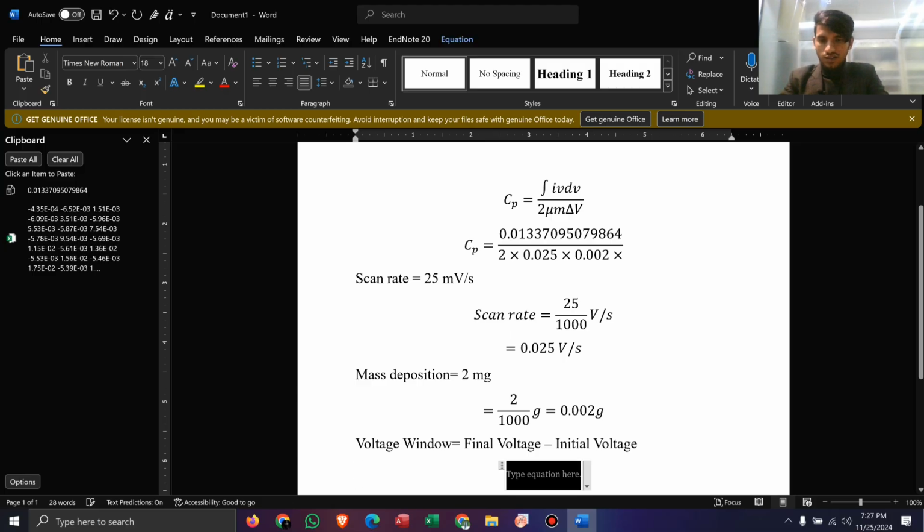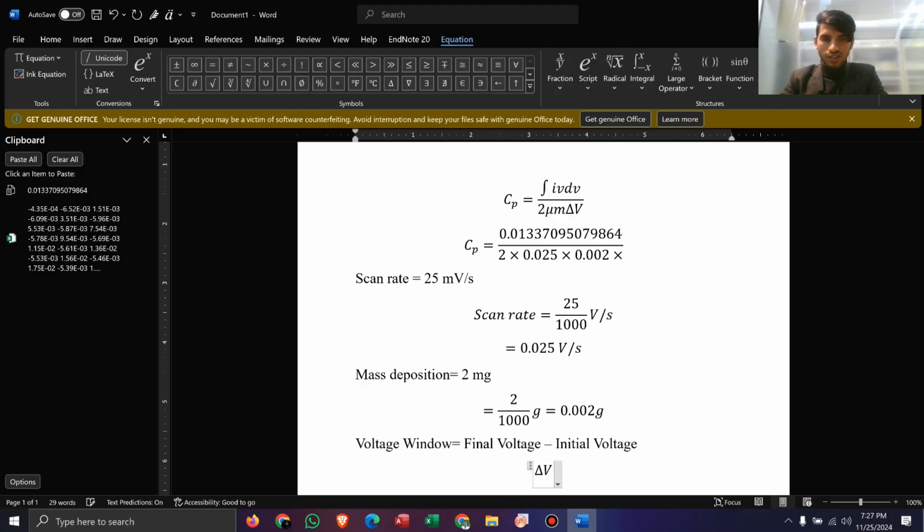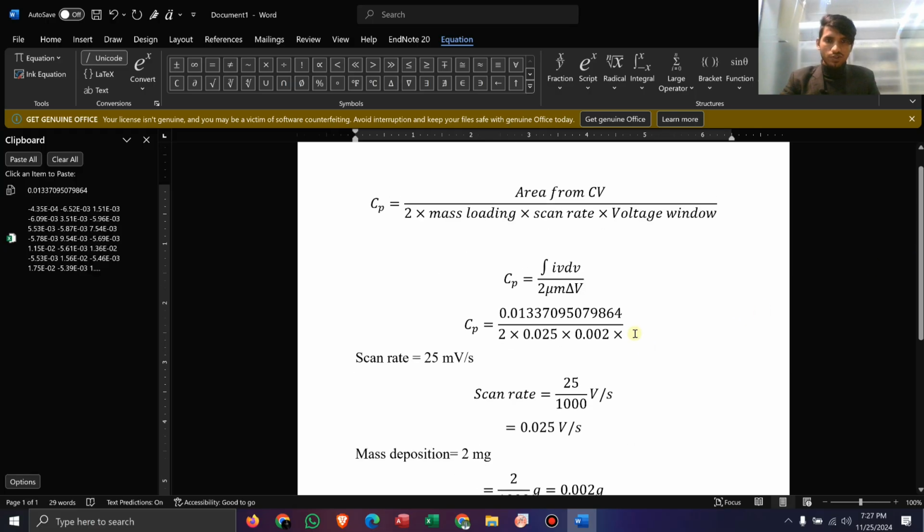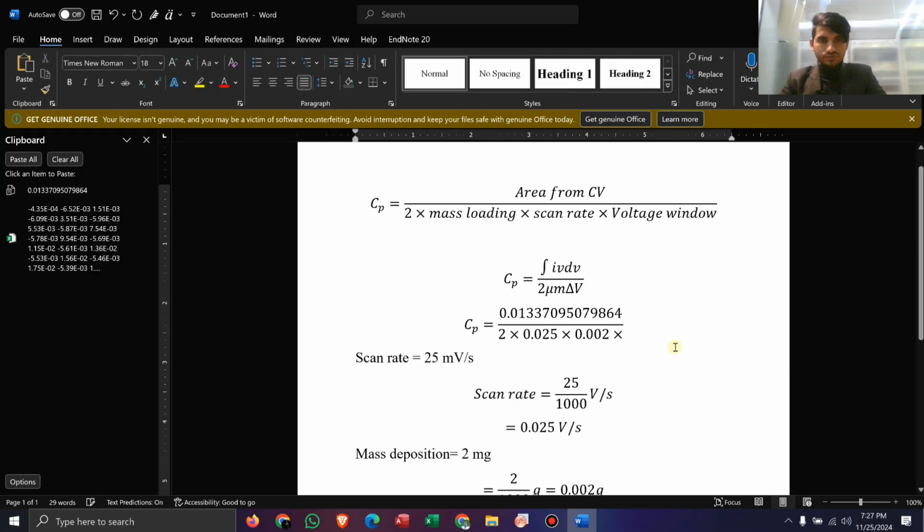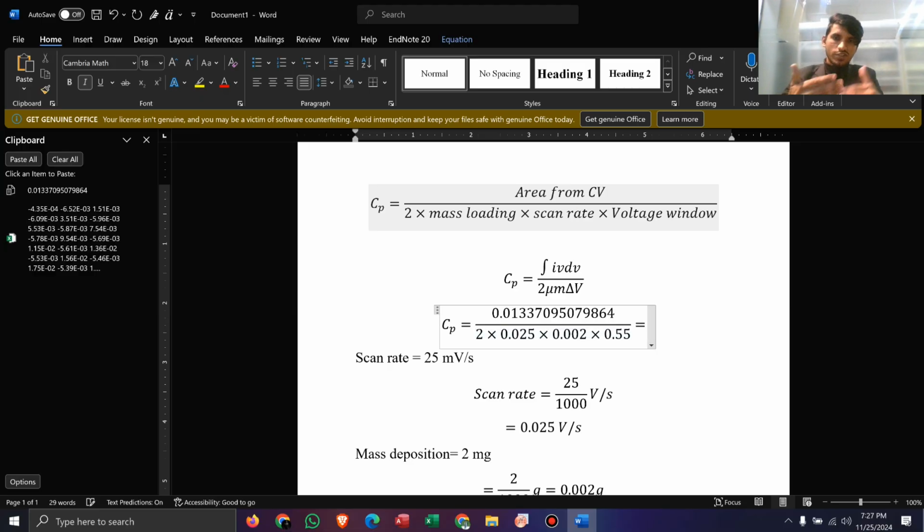That will be delta V. Since my final voltage was 0.55 volt and my initial voltage was 0 volt, my answer will be 0.55 volt. So this is my voltage window, and now I have to plug in the value for the voltage window here too. So that will be 0.55.